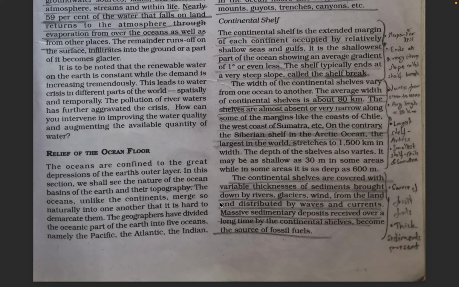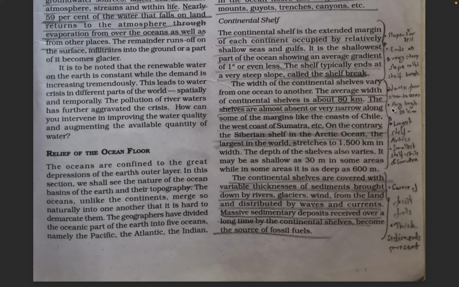The shelf typically ends at a very steep slope, and this is the most important part of the oceanic floor, which is very much responsible for human life. This end varies from ocean to ocean.